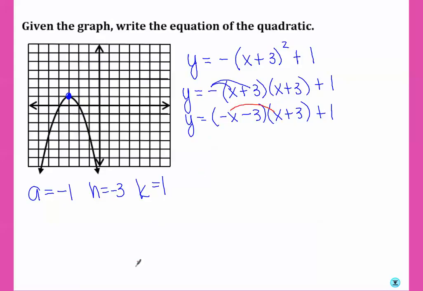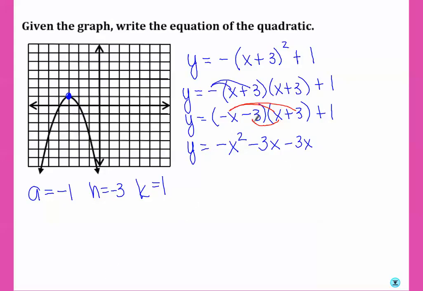Negative x times positive x would be negative x squared. Negative x times positive 3 would be negative 3x. Negative 3 times x would be negative 3x.